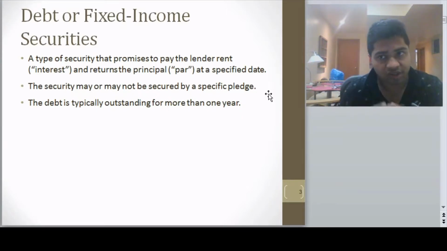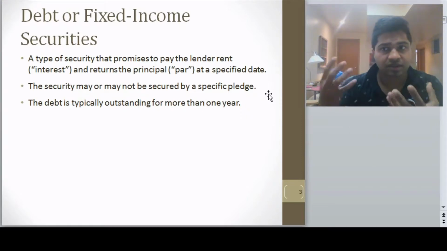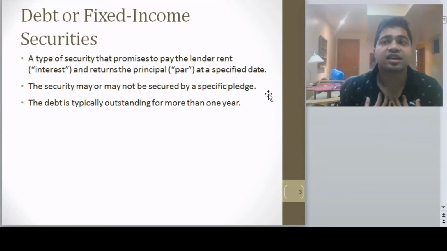So if I'm not able to service that bond, the bondholders can take over that specific asset. That is called a specific pledge, or it can be a general pledge. There is no specific asset that I have put forth, but the bondholders have a general claim on my residual assets. The debt is typically outstanding for more than a year.